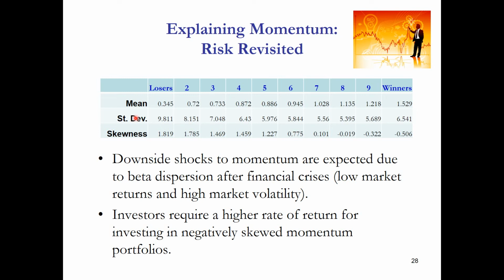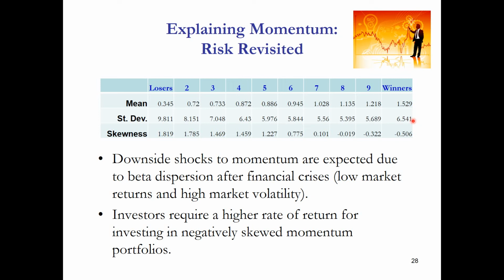We hold the portfolio for the subsequent 12 months and rebalance annually. So we end up with 10 portfolios, from extreme losers based on past performance to extreme winners. In the first row, we can see that past winners completely outperform past losers, and it's dramatic. You can see 1.52 for winners, and losers generate only a mean return of 0.34, with a monotonic increase in returns as we move from loser to winner portfolios.